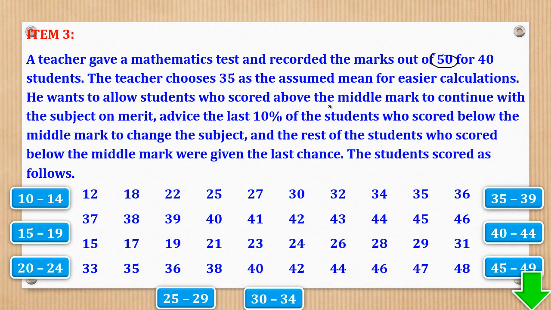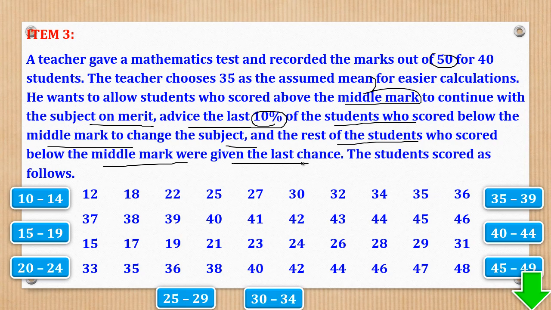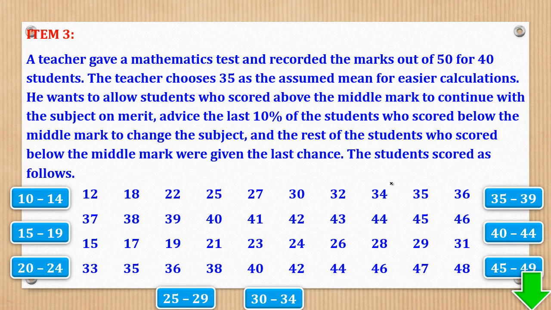Then they said he wants to allow students who scored above the middle mark to continue with the subject on merit, those who scored 25 and above. Then advise the last 10% of the students who scored below the middle mark to change the subject, and the rest of the students who are below the middle mark will be given a last chance.